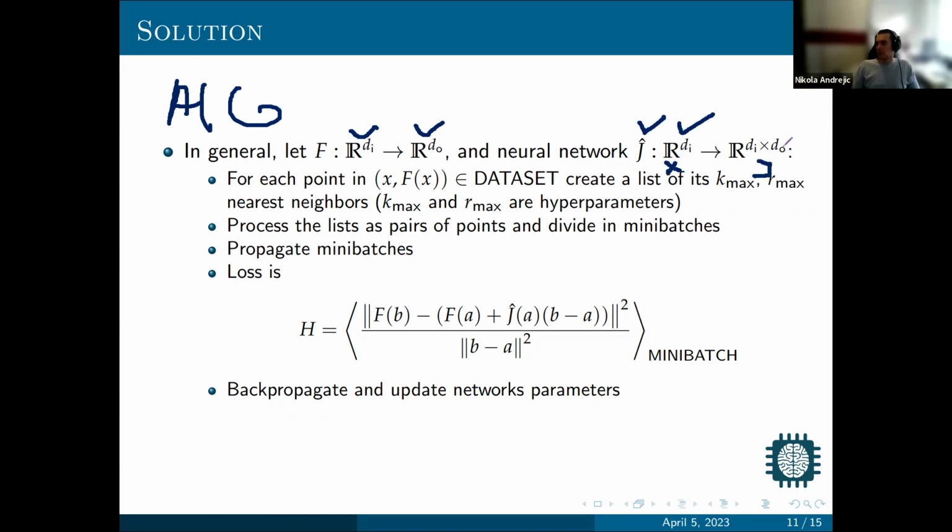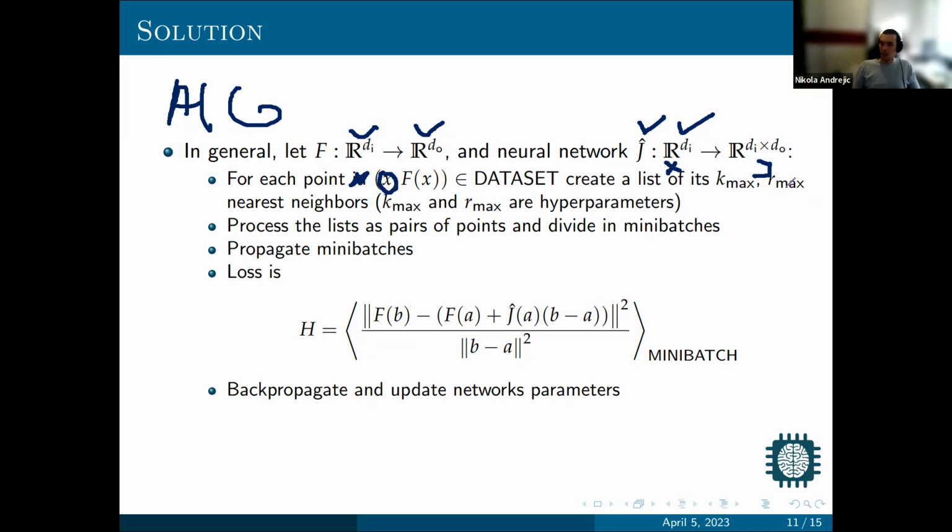And it gives the Jacobian in the end. So what they say is, for each point in the data set, we create a list of its k max and r max nearest neighbors. That is, we take x. So k, for this, we only look at the x part, okay?